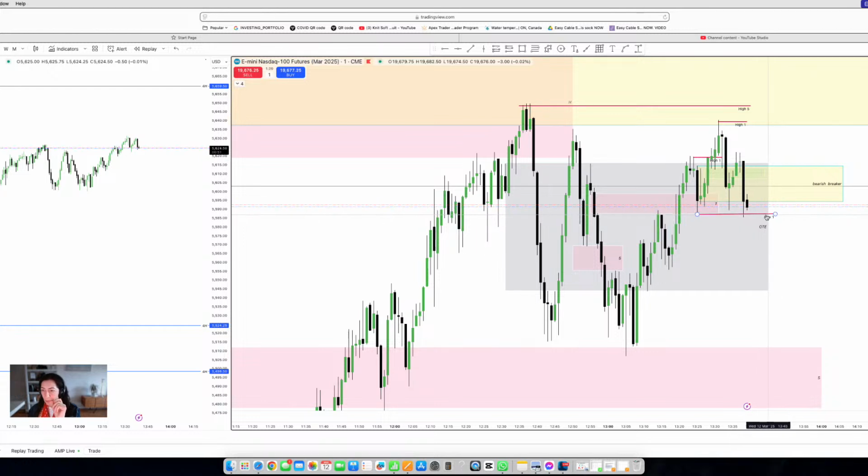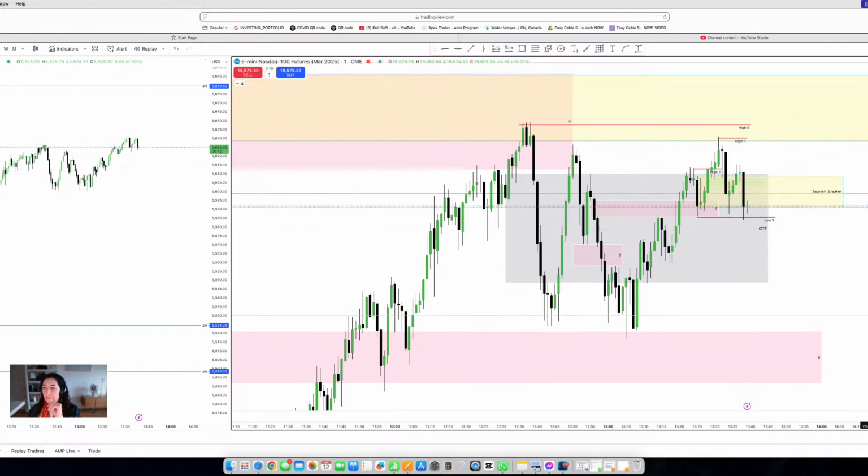I want to see price break below this low. And for a bearish breaker, I don't want to just see a wick make this lower low.